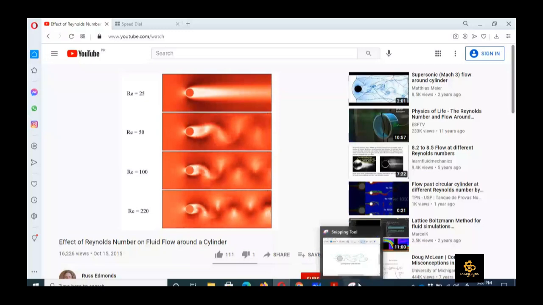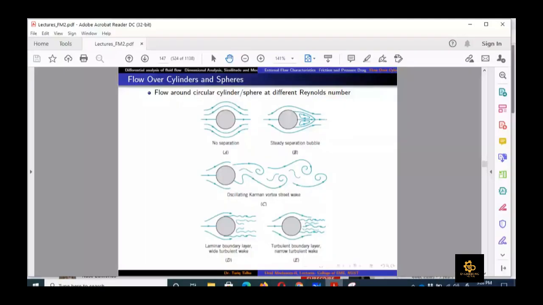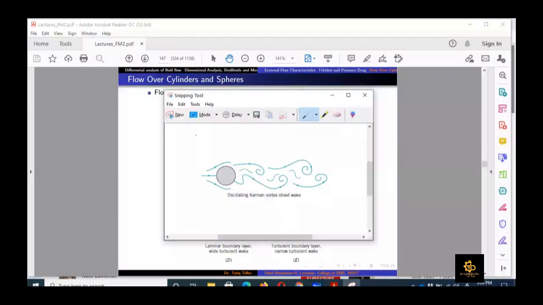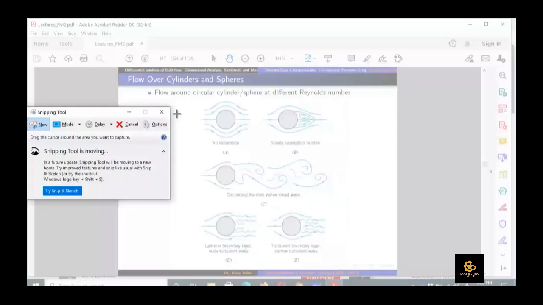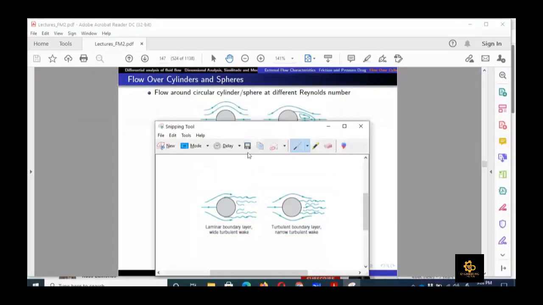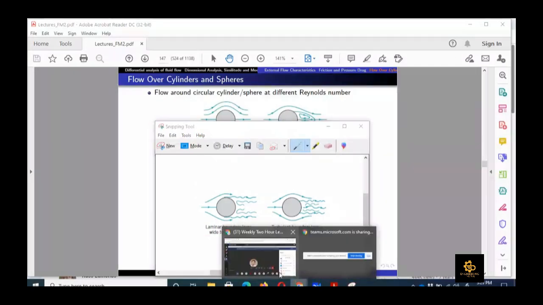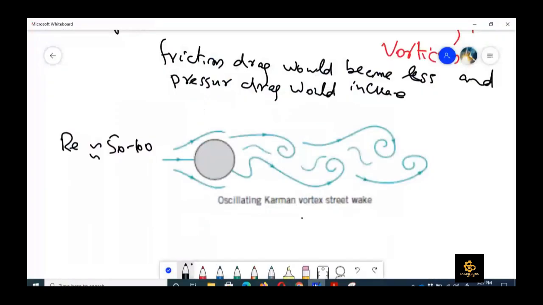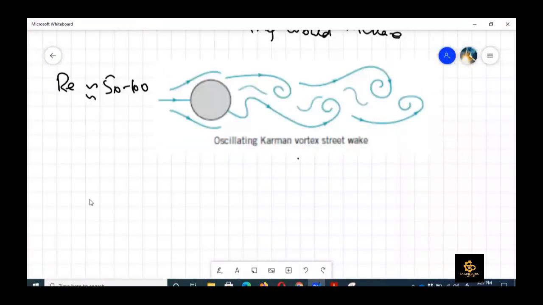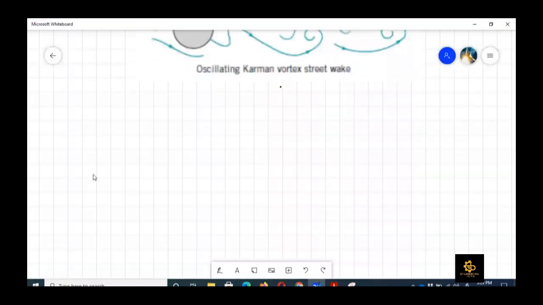Okay. So that was something which we discussed for the figure here, and then the next one is figure D and E, which I'm going to show here.